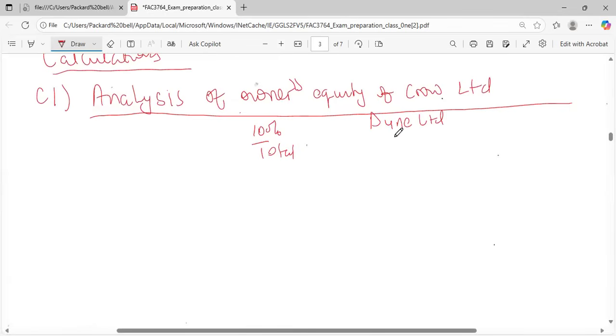The June Limited group owns 80%. That is, we need at acquisition. Then we need this since acquisition. Then we need the NCI. So the NCI is going to be 20%.